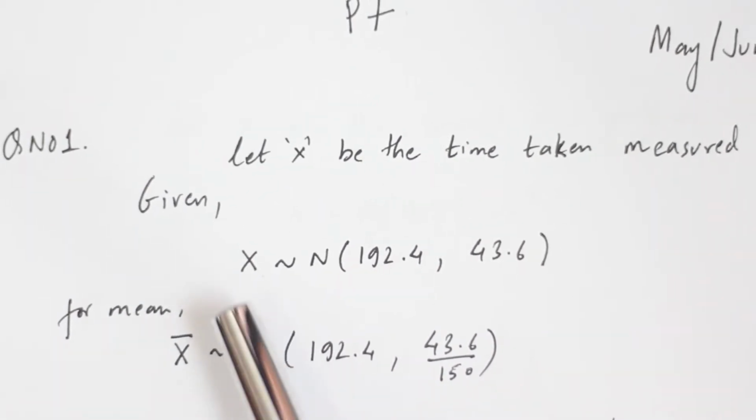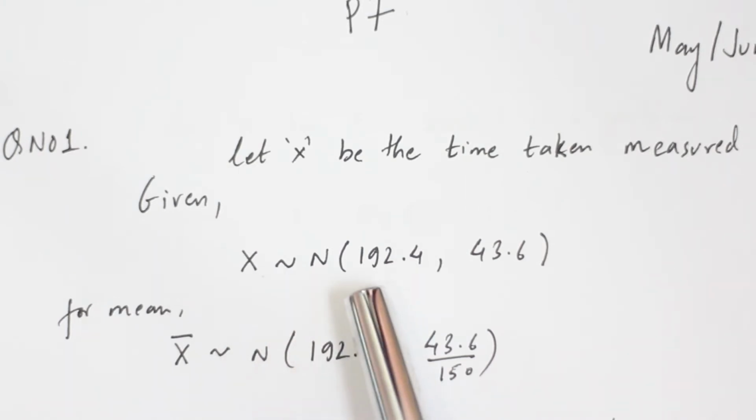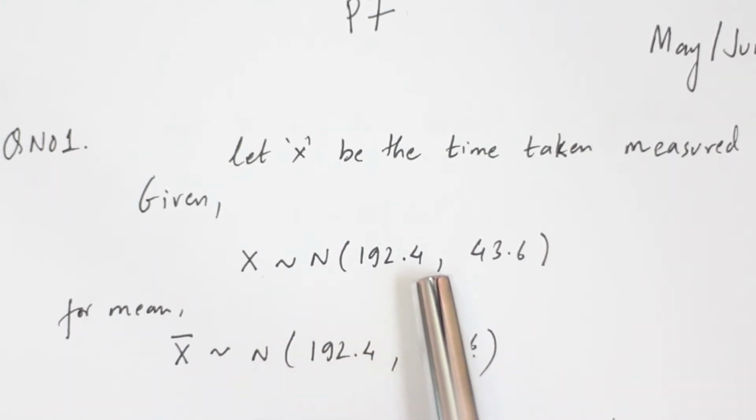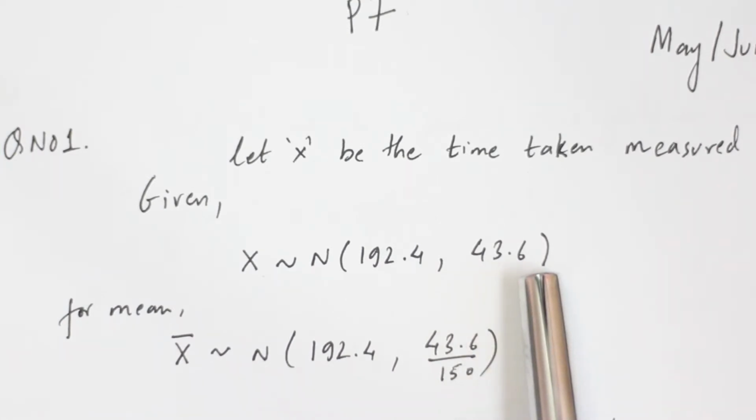So we're given from the question that x has a normal distribution where the mean is 192.4 and the variance is 43.6.